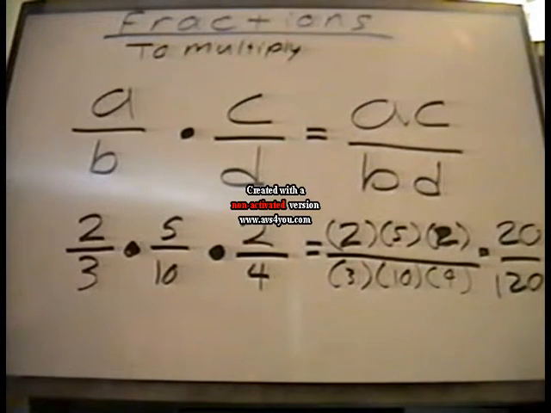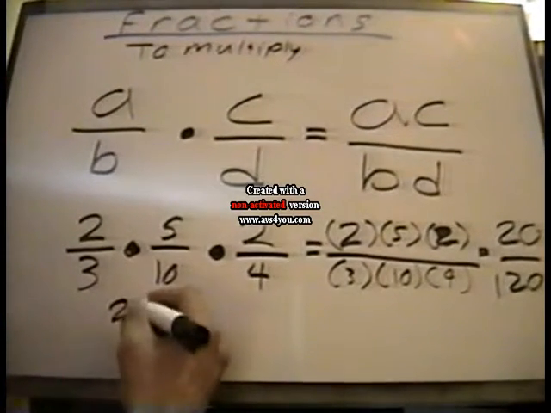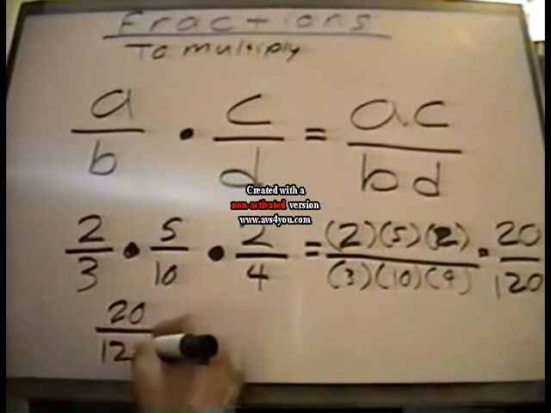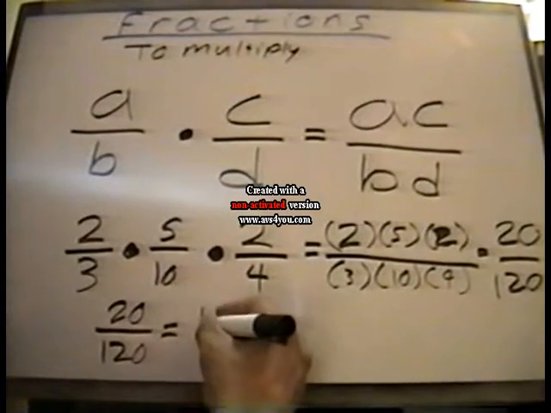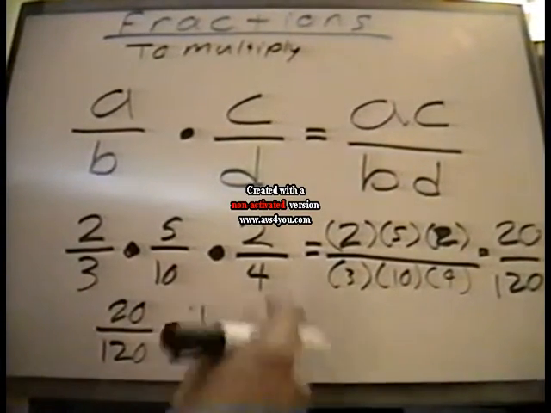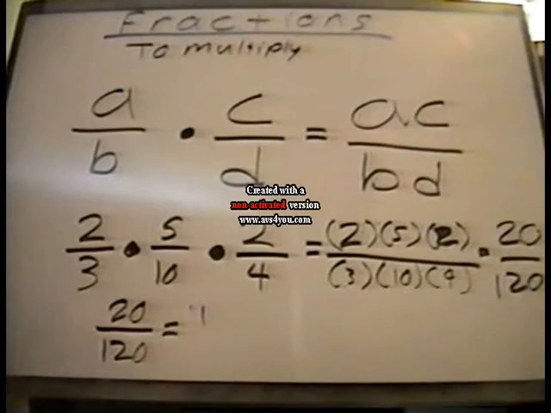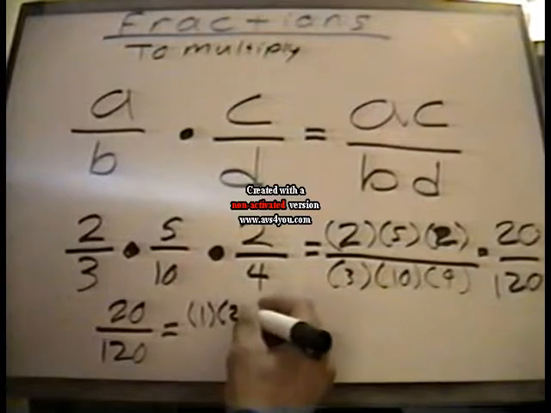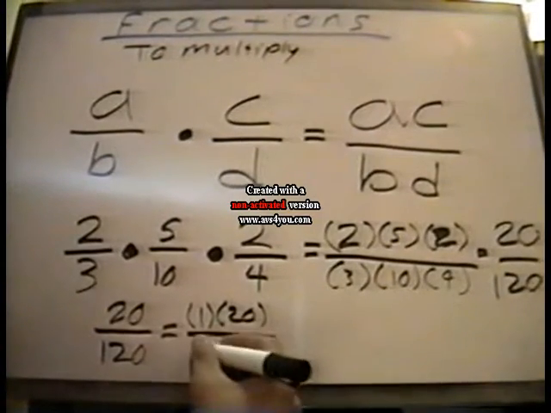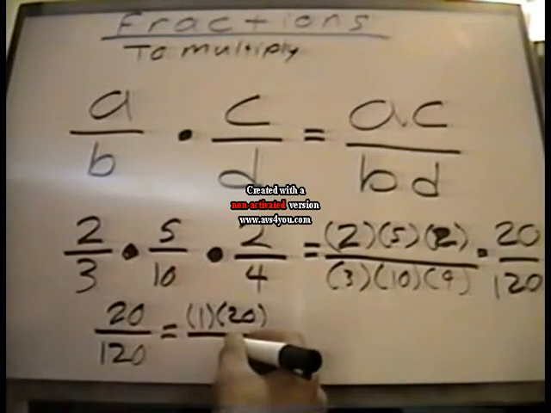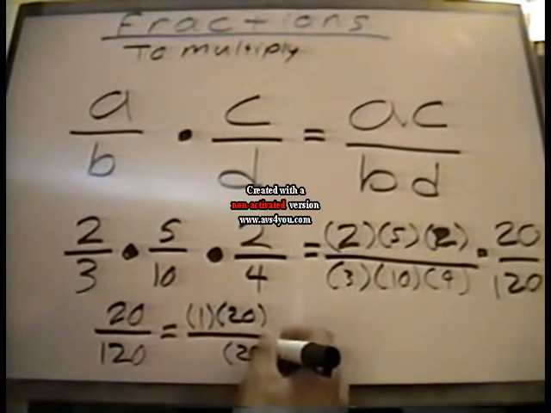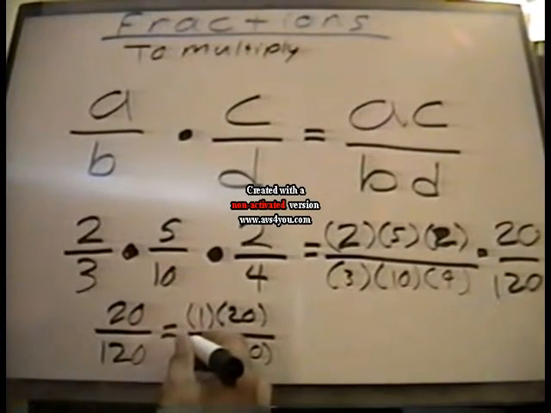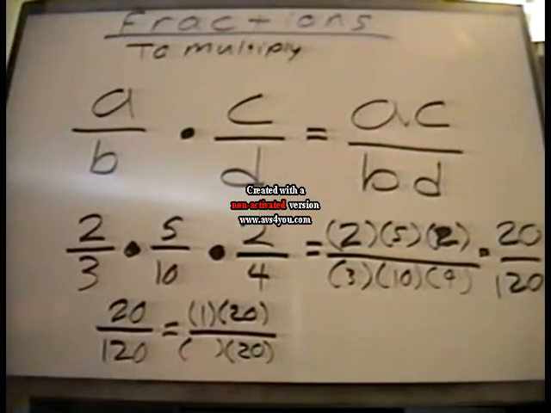Now, of course, you can take 20 over 120 and reduce that by factoring out a 20. 1 from 20 on the top. On the bottom, place your 20 under the other 20, and 20 times what gives us 120? So how many times does 20 go into 120? That's 6 times.